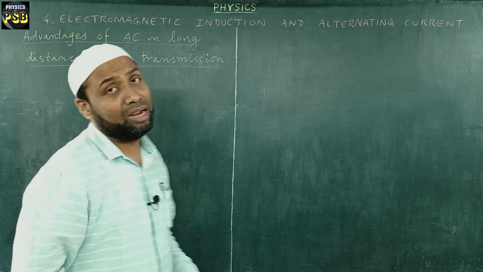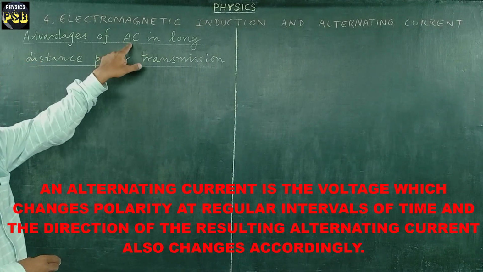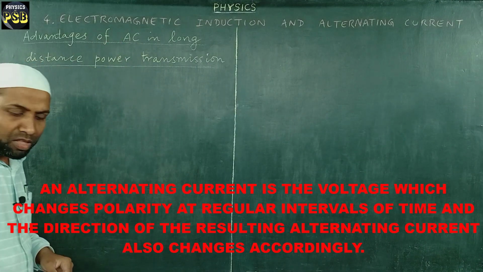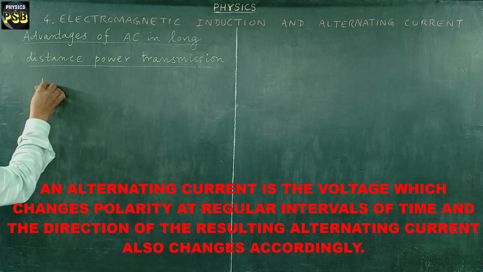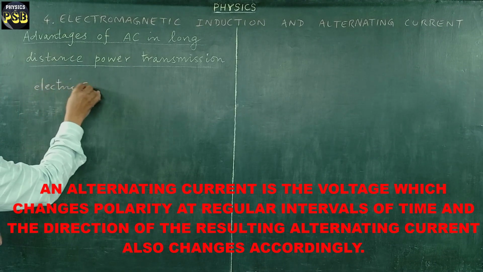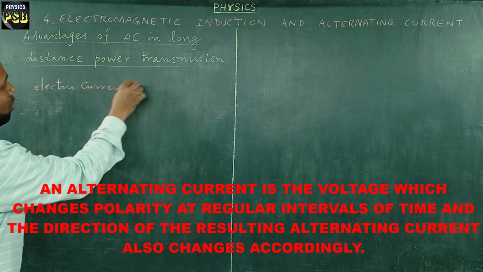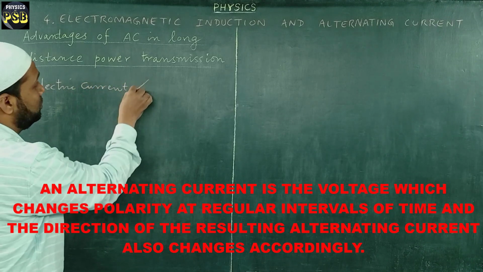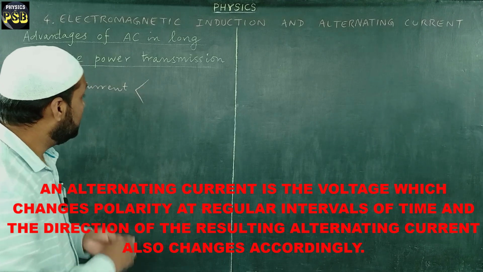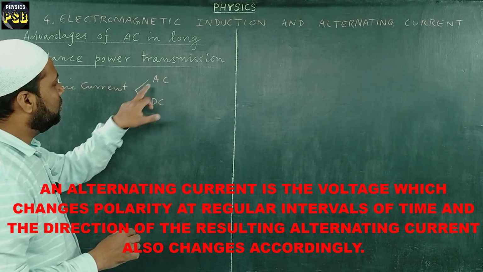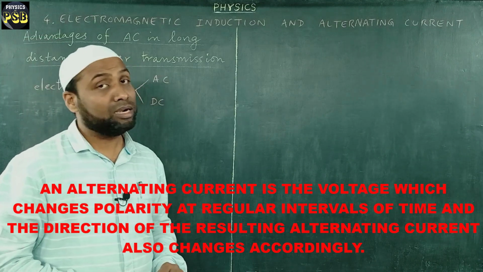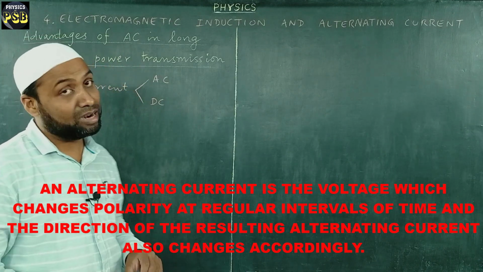Now, before going ahead, let me tell you what is AC. We know electric current is broadly classified into AC and DC. Here AC stands for alternating current and DC stands for direct current.